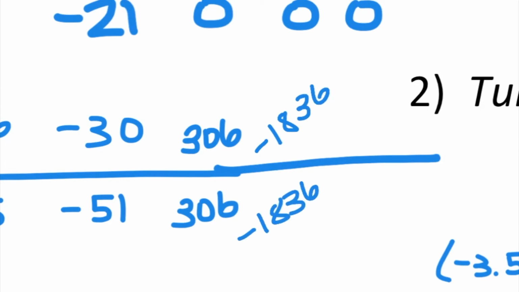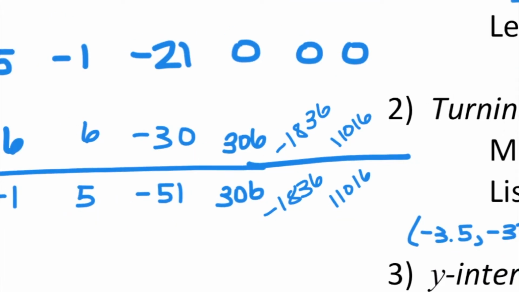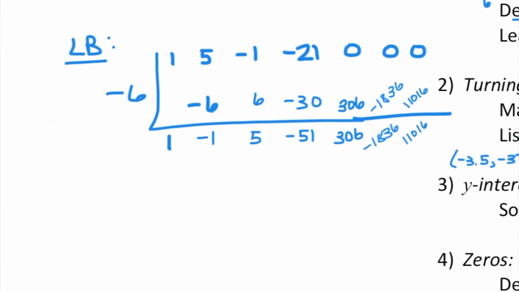Negative 1,836 times negative 6 is 11,016. And your lower bound test here works just fine because you alternate between positive, negative, positive, negative, getting pretty big positive, getting super big negative, and getting ridiculous positive.